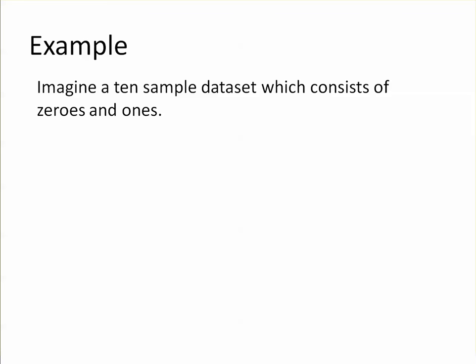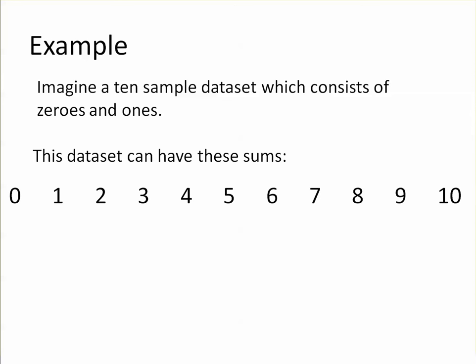Imagine you have a dataset with 10 values, and these values are all zeros and ones, so they are whole numbers. You can then have these sums. These are the only possible sums you can have. You can have 10 zeros, 10 ones, or some mixture in between.